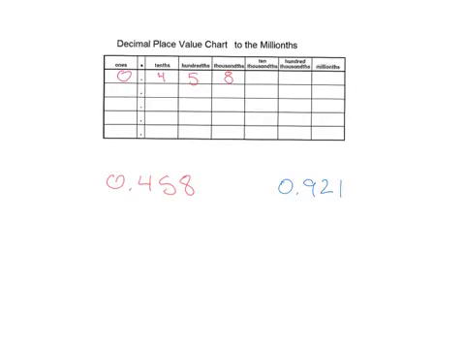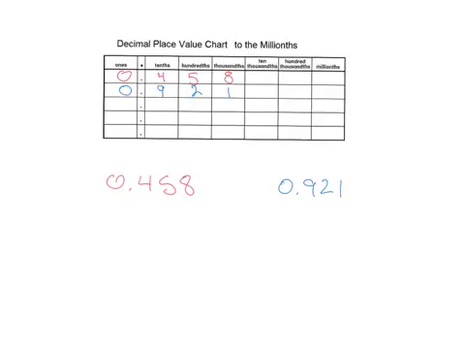Now in the one below, I'm going to put in 0 for ones, 9 for tenths, 2 for the hundredths, and 1 for the thousandths. This is what I would always do.